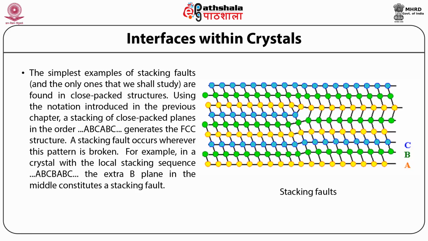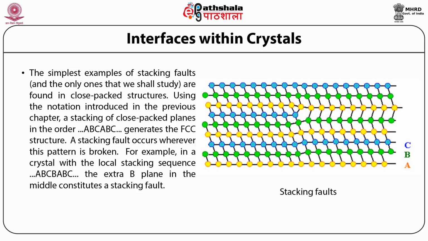A stacking of close-packed planes in the order ABC ABC generates the FCC structure. A stacking fault occurs whenever this pattern is broken. For example, in a crystal with the local stacking sequence ABC BA BC, the extra B plane in the middle constitutes a stacking fault.